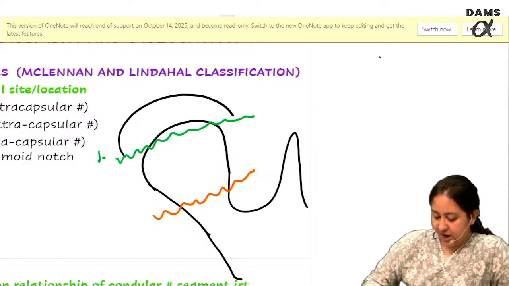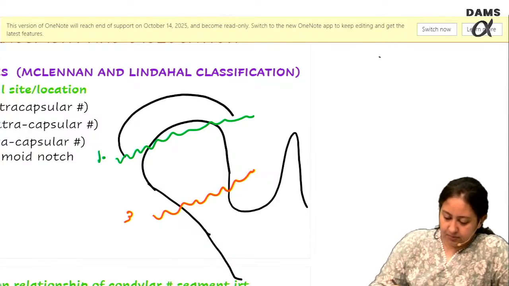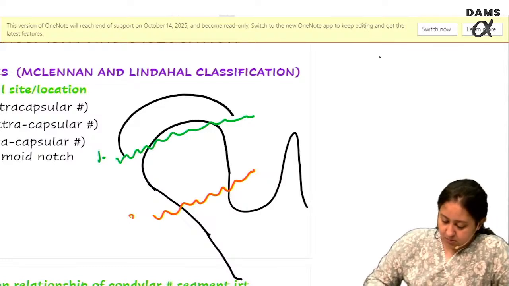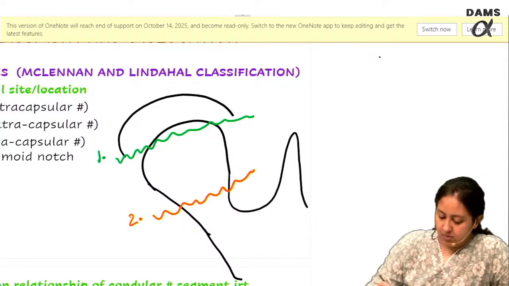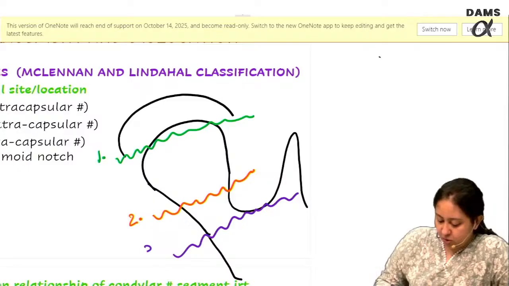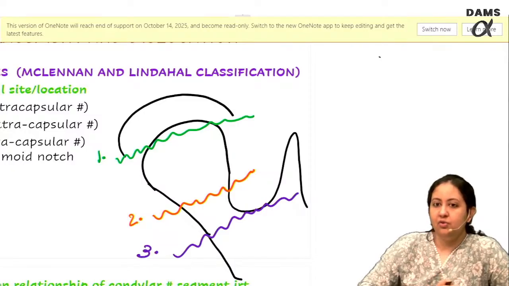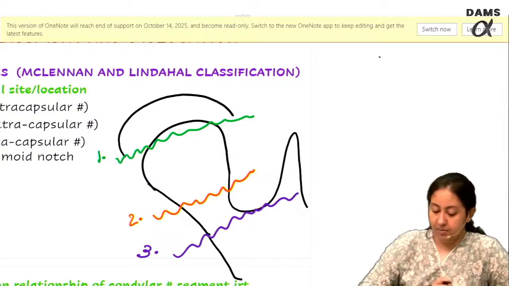This is a neck fracture at the narrowest part. And this is a subcondylar fracture which involves the sigmoid notch. Now please remember, whenever you face any difficulties in remembering a concept, please remember it diagrammatically.